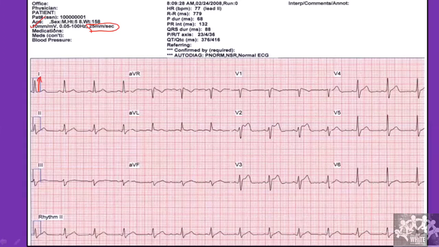This is the basic first thing that has to be noted when you see an ECG. You see the speed at which the paper is moving, which is important, and you see the standardization, which is the amplitude. Okay, 10 millimeter is 1 millivolt. Why is that important? We will see.